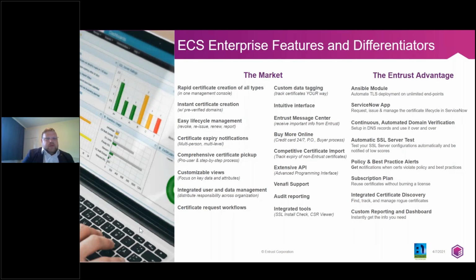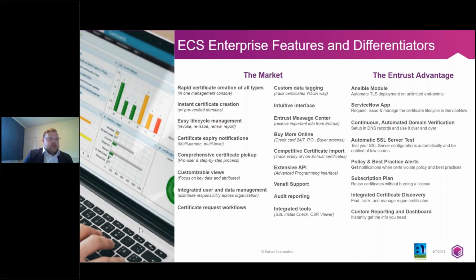So there are a number of different features that the market is looking for, whether it's instant issuance of certificates through one interface to capabilities to handle SSL certificate lifecycle management. In addition, there's also a need within the market for a certificate authority to create custom views based on key data points and data tagging, as well as offering intuitive UI capabilities that support and provide frequent industry and product updates.